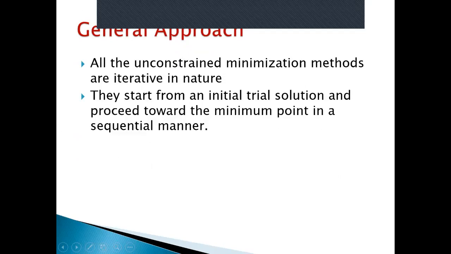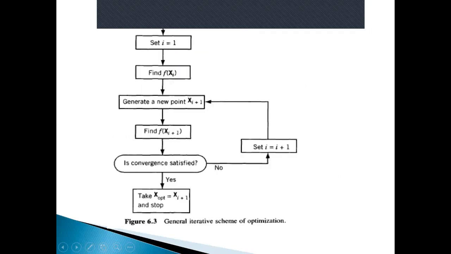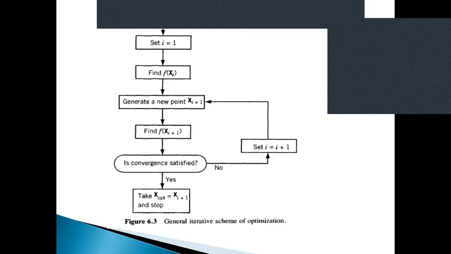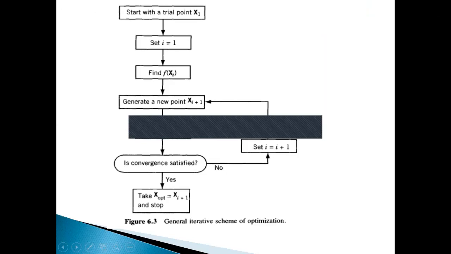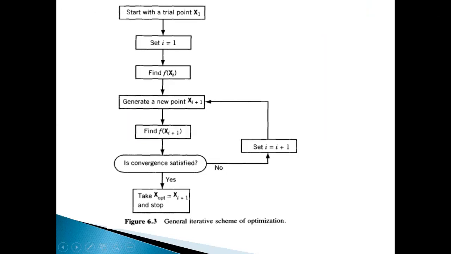All the unconstrained minimization methods are iterative in nature, and they start from an initial position, then proceed towards the minimum point in a sequential manner. This minimum point is called the optimal point. So this is a general flow chart of how optimization takes place.